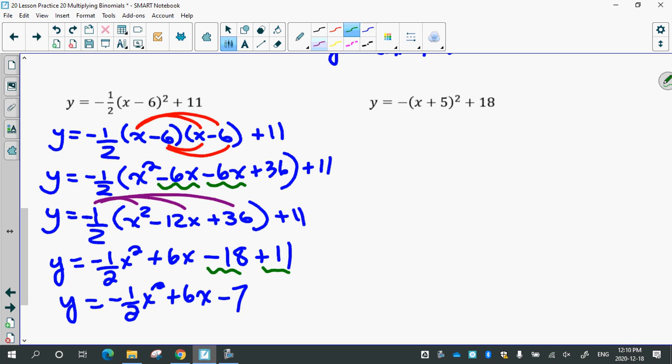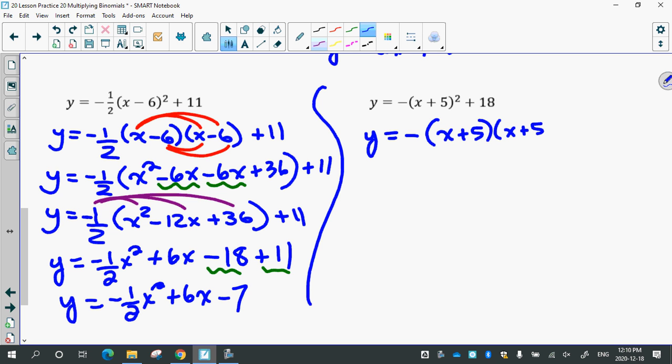Okay, next one. Because of that negative out front, it's still got those extra steps where you have to multiply the x plus 5's together first and leave the negative out front to distribute later.